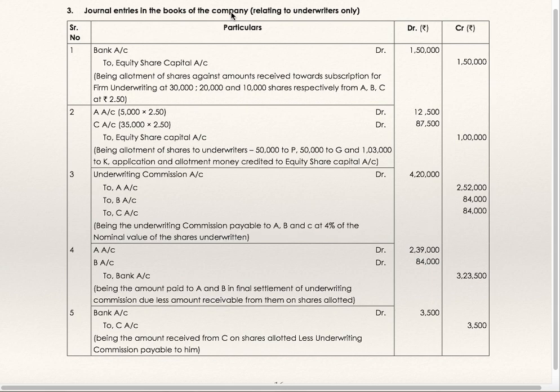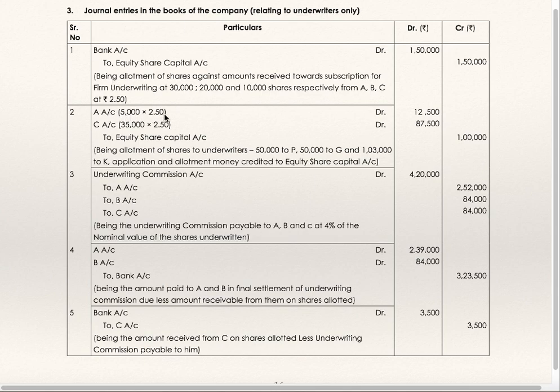Journal entries in the books of the company relating to underwriters only. Bank account debit to equity share capital, being allotment of shares against amount received towards subscription for firm underwriting 30,000, 20,000, 10,000 shares respectively from A, B and C at 2.5. So this is nothing but 60,000 shares into 2.50 per share they have received, bank to equity share application.